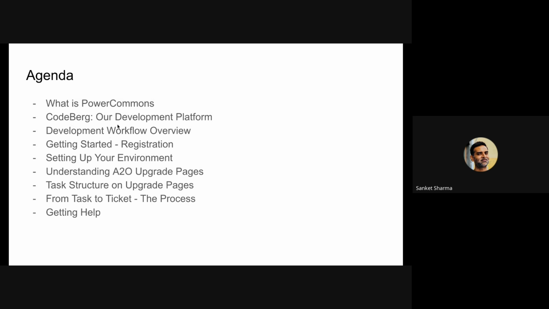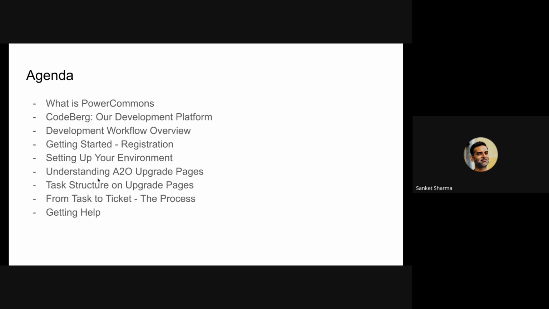We're going to see what the development platform looks like, what our development workflow looks like, and how it's set up at the moment. Getting started from your side, like how to register for Codeberg and how to get access to commit to different projects. Setting up your local environment for the development work, and then understanding some of the A2O upgrade pages and the task lists that exist on the Power Commons project.